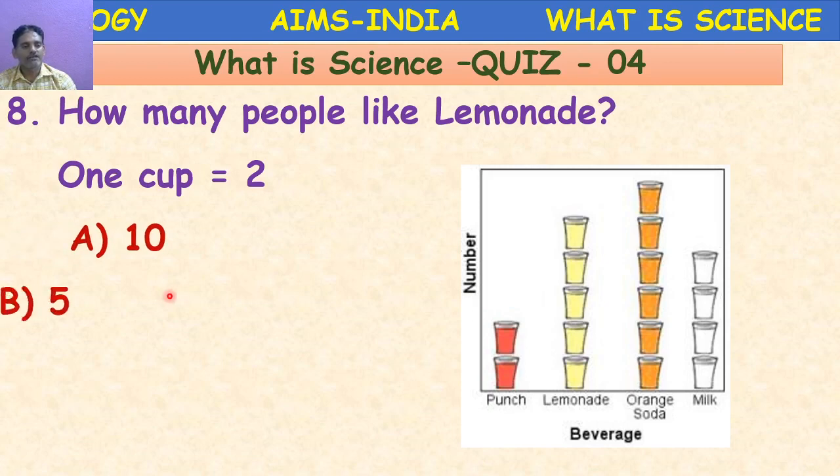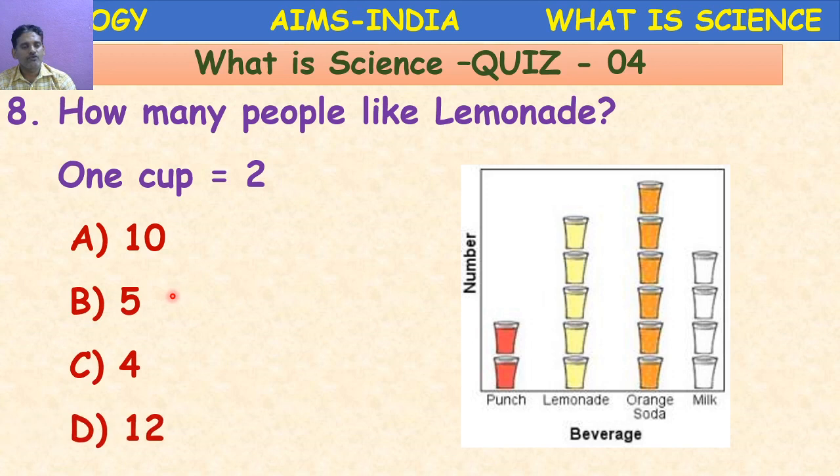A is equal to 10, B 5, C 4, D 12. So how many people like lemonade? Lemonade means you have to see only this, not the remaining 3. So question understanding is very, very important. For all these 4 types of juices, 1 cup is equal to 2. So here asked lemonade.